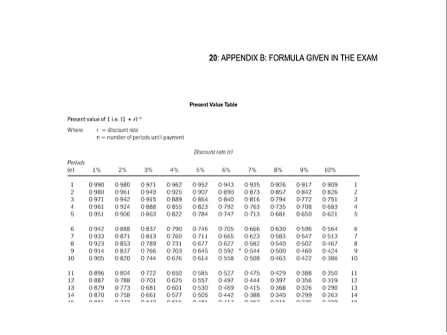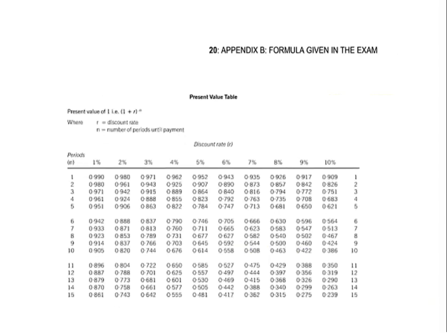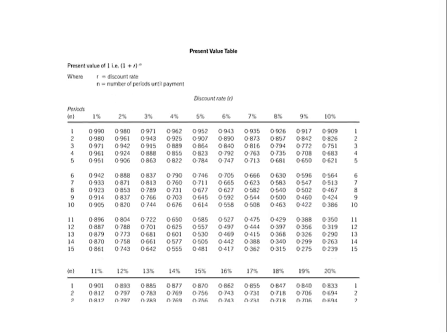So let's have a look then at the tables. At the back of your notes then in Appendix B, you've got the formulae that you're given in the exam, and you've also got these present value tables. The ones that I'm looking at then are on the first page, and it's a good idea to pull these out and have them open whilst you're doing these questions.